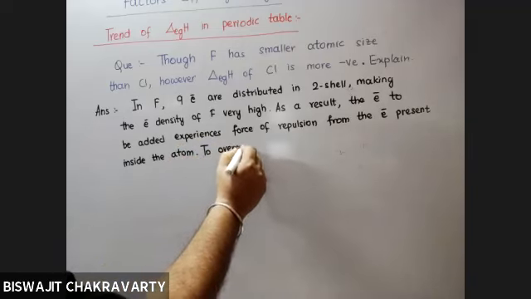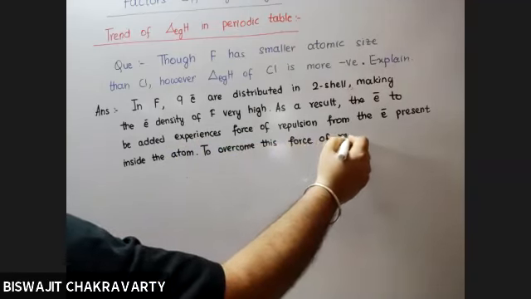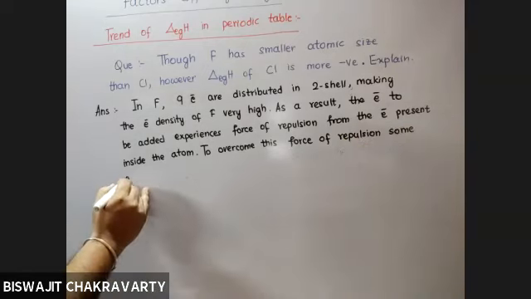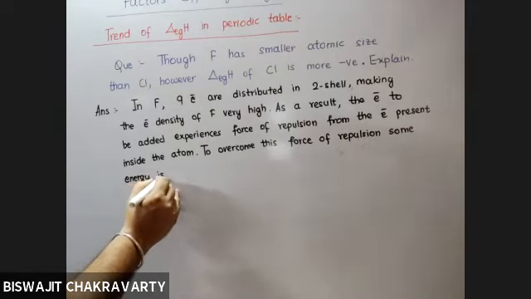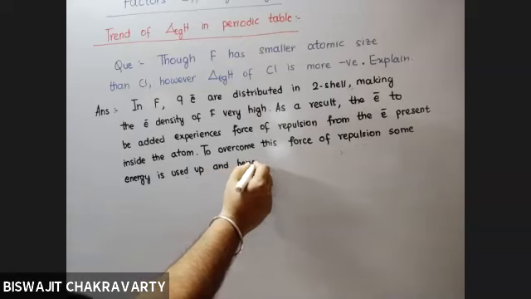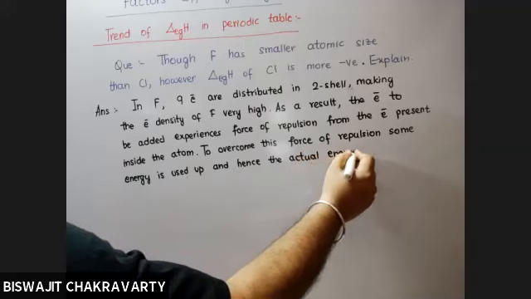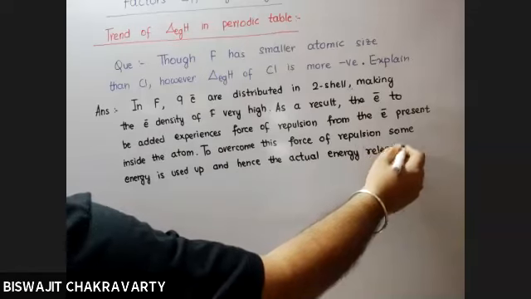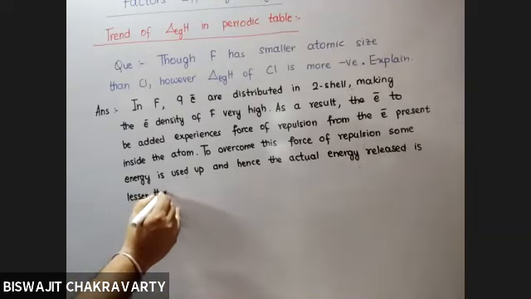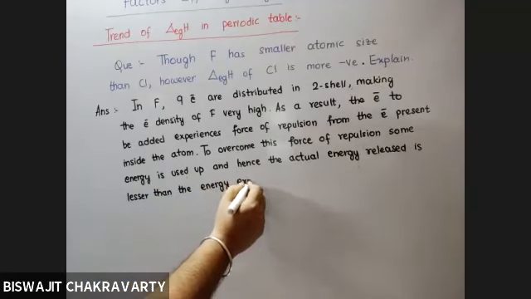To overcome this force of repulsion, some energy is used up, and hence the actual energy released is lesser than the energy expected.